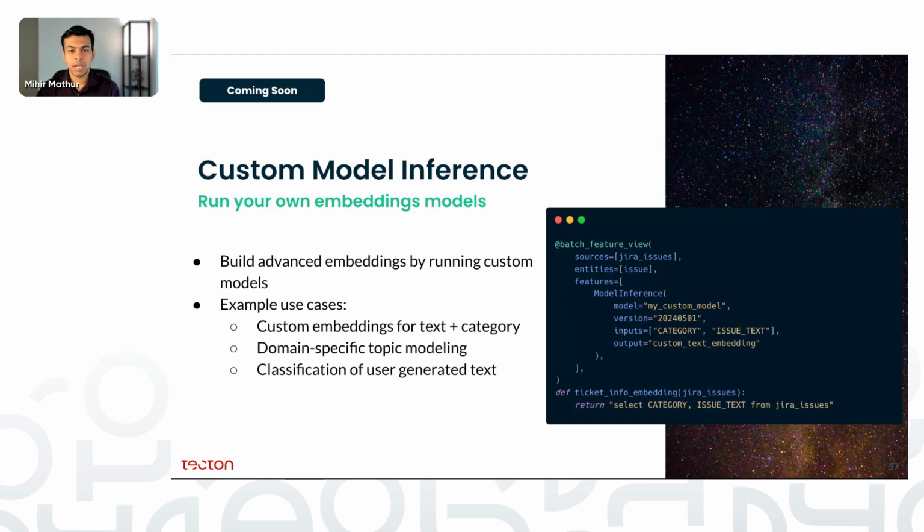So if you want to run sentiment analysis to generate a feature that will then be used for recommending something to a customer, you can just run the Tecton custom model inference. So you can just specify my sentiment model, the inputs it would take, and then the output name. And then this feature can be used for your end modeling task, which could be both predictive or generative AI.